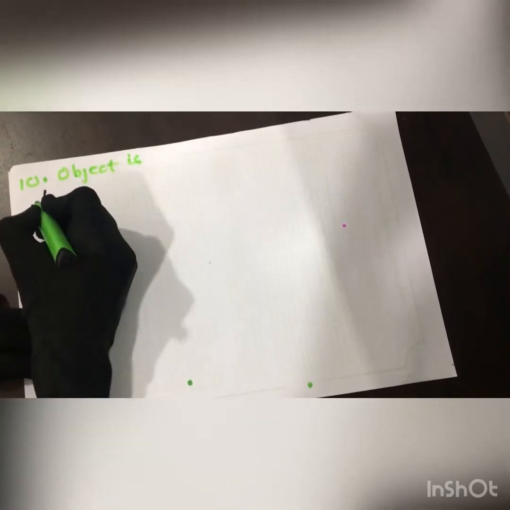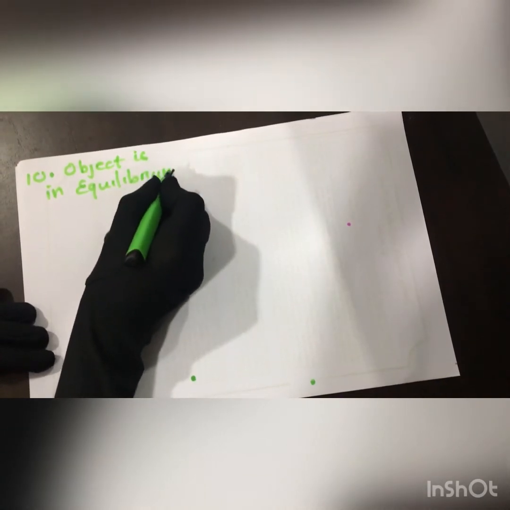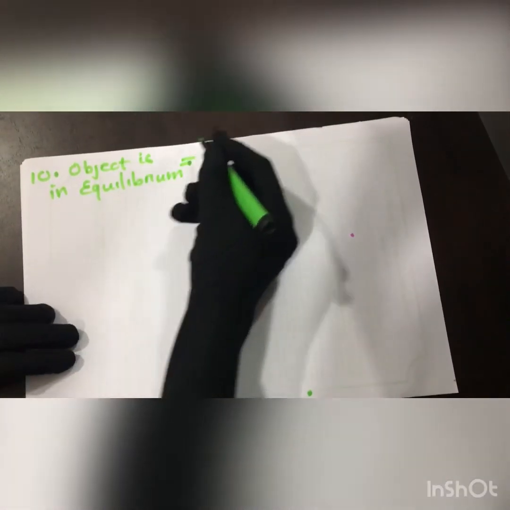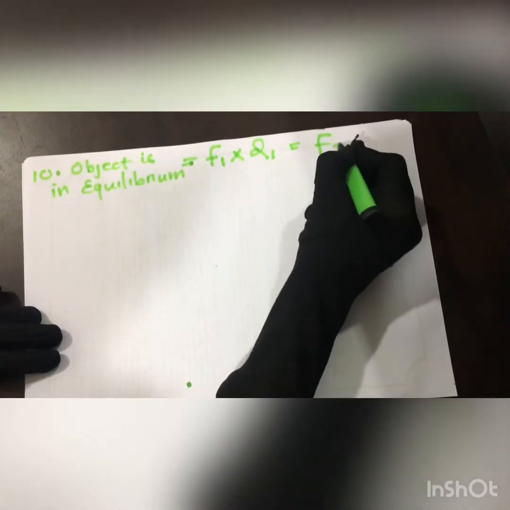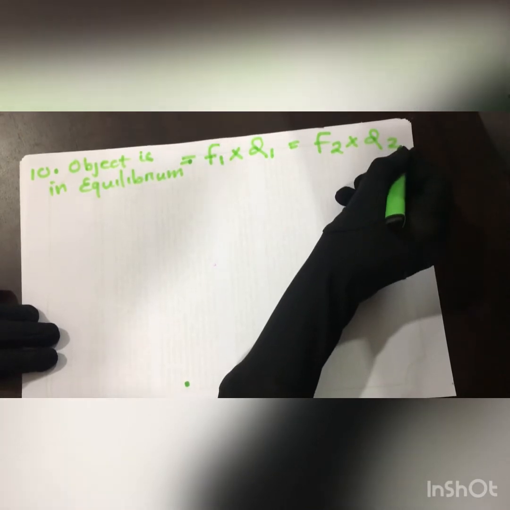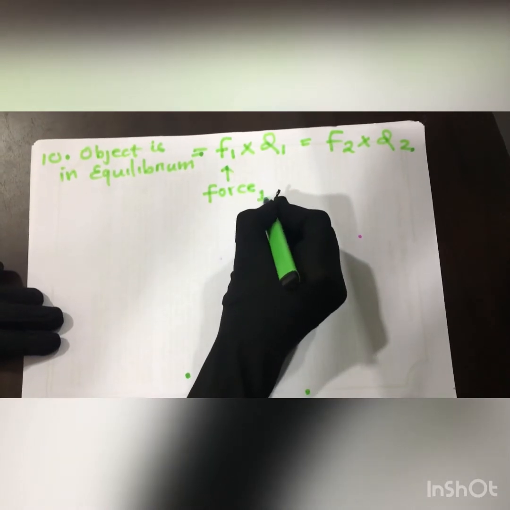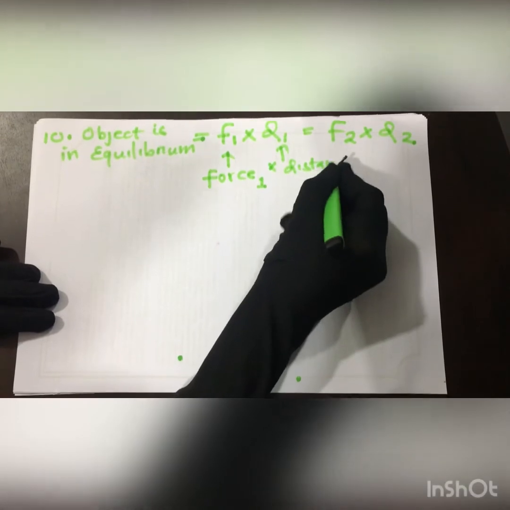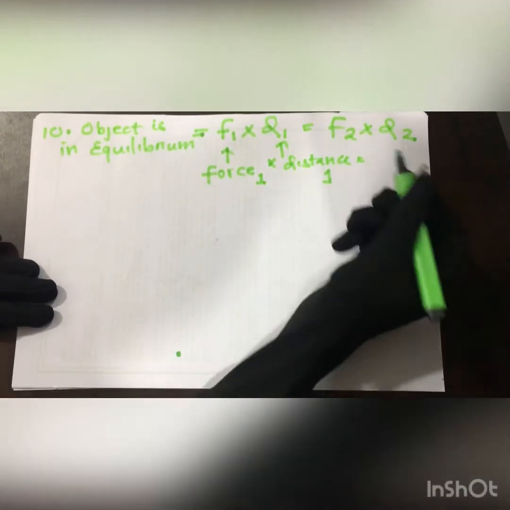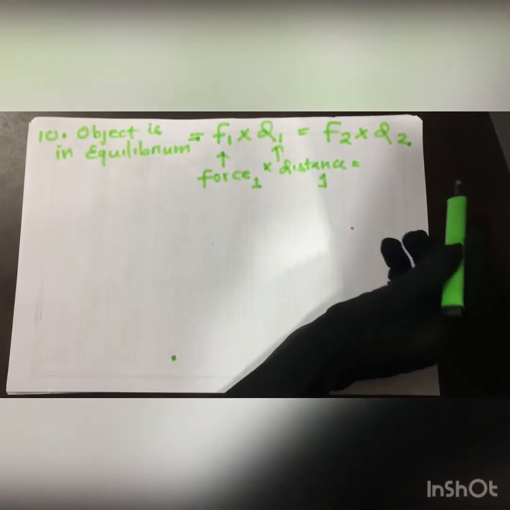Whenever the object is in equilibrium, we can use the equation F1 into D1 equals F2 into D2. F1 is the force 1, D1 is the distance 1. In the same way, F2 is the force 2 and D2 is the distance 2.